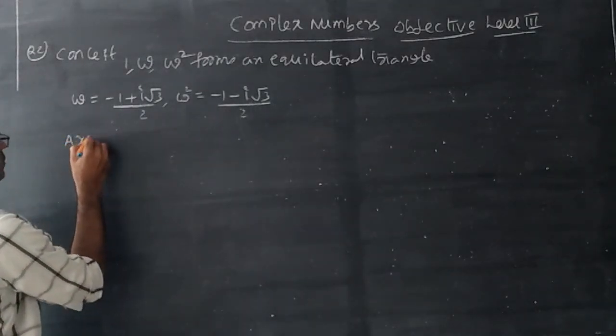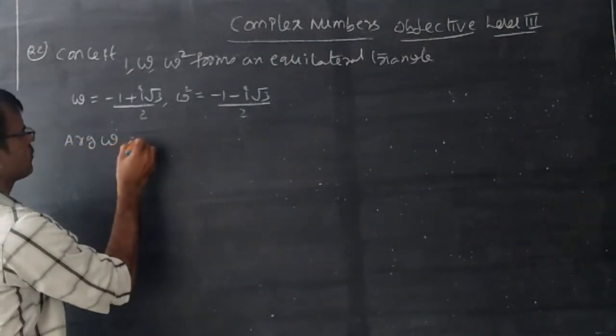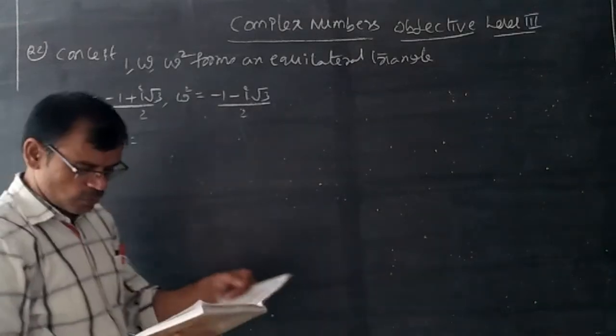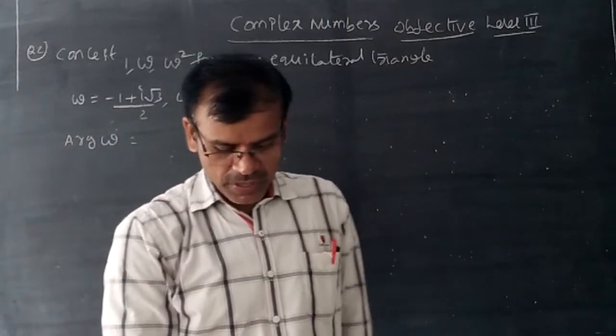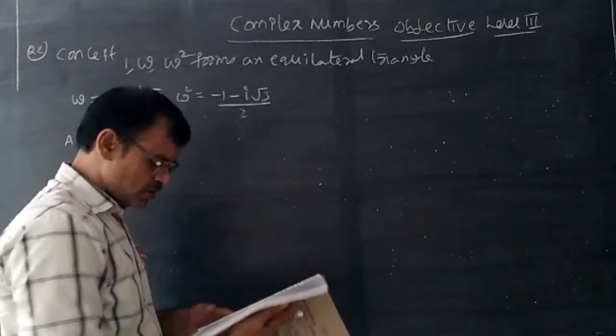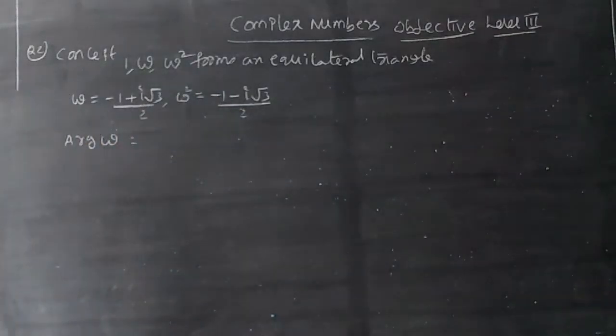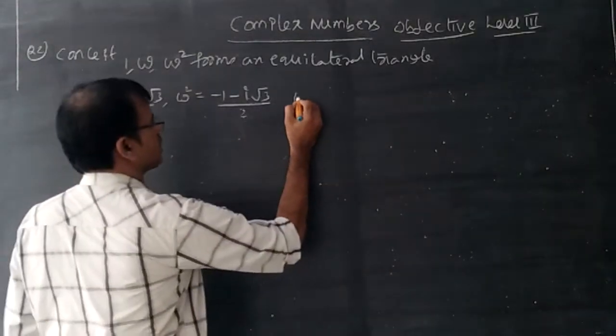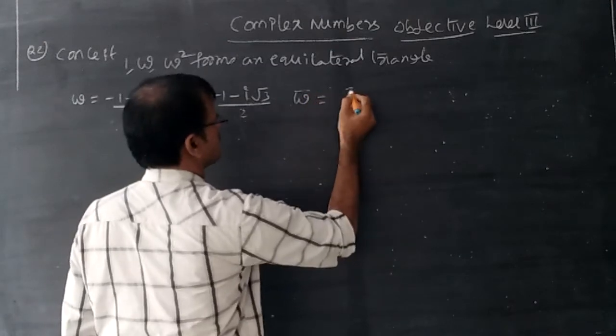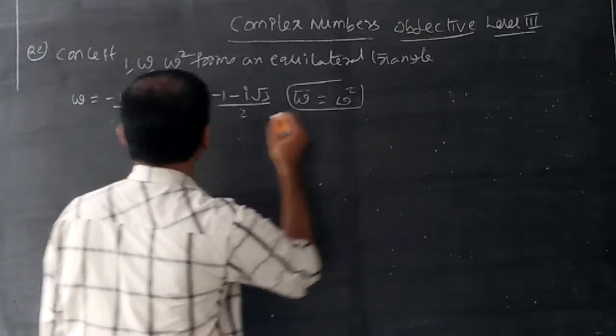Now we are discussing imaginary of Z1 bar by real of Z1, not argument. You can understand omega bar is nothing but omega square.